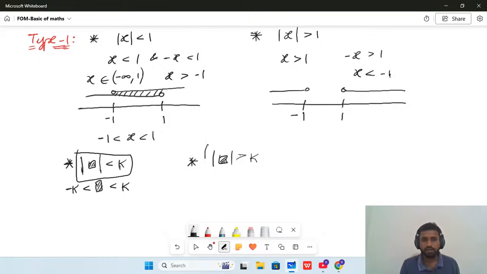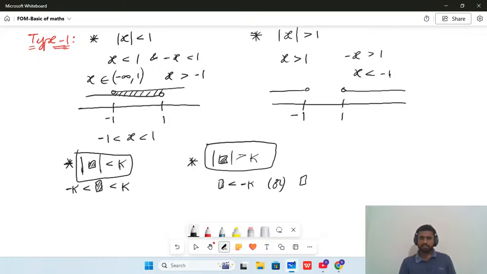If you see questions of this type, just remember: modulus of expression less than k means the expression should lie between minus k and k, and mod of expression greater than k means the expression is less than minus k, or this expression is greater than k.